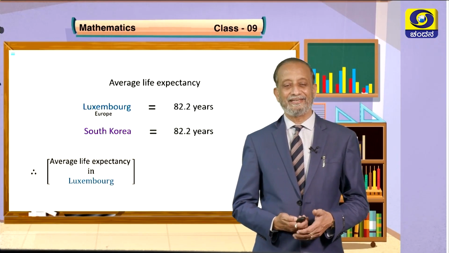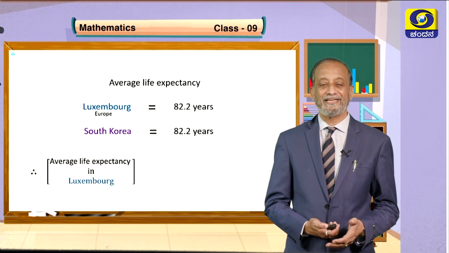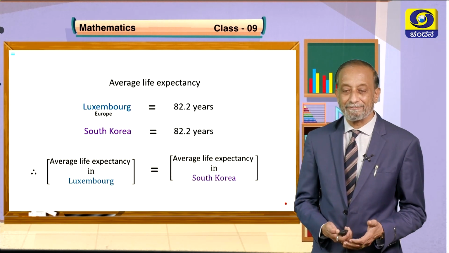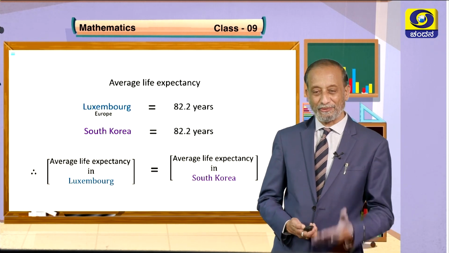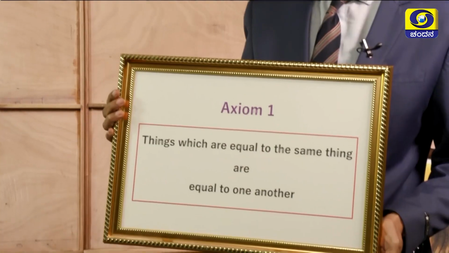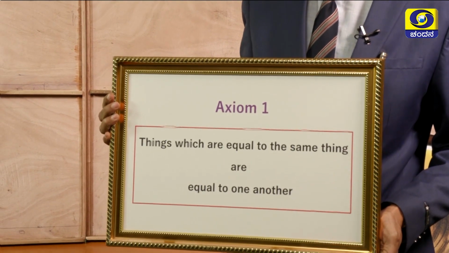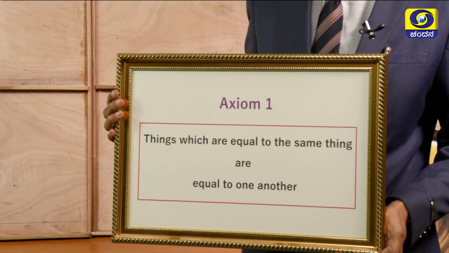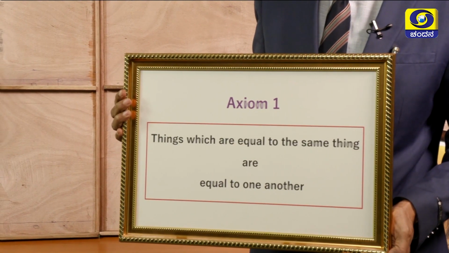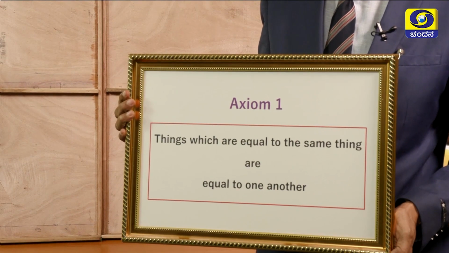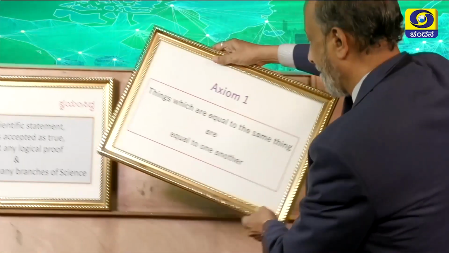We can say that average life expectancy in Luxembourg is equal to average life expectancy in South Korea. Okay, fine. So, this is axiom number 1. So, things which are equal to the same thing are equal to one another. Okay. So, let me keep it on the table.